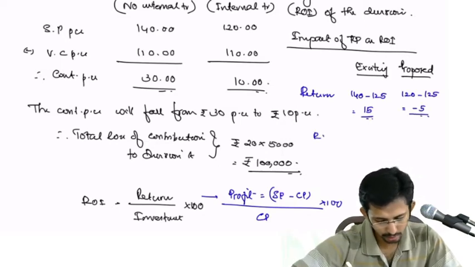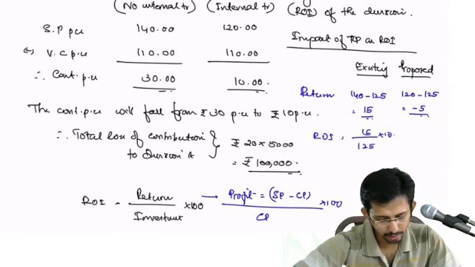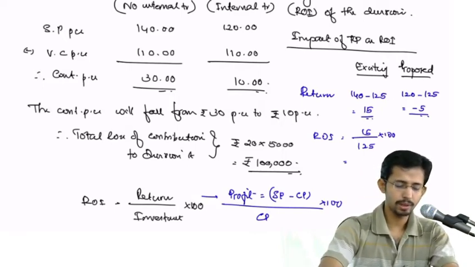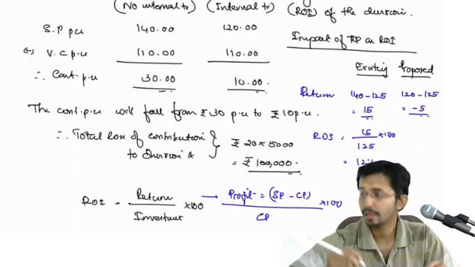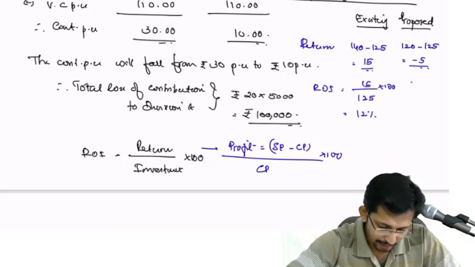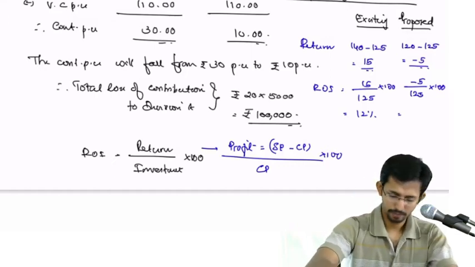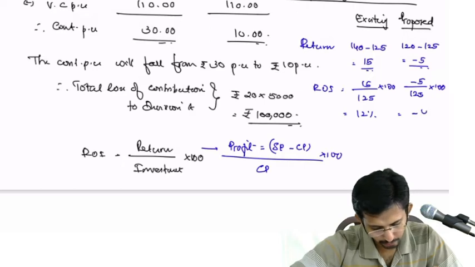So return on investment, ROI, existing is 15 divided by 125 into 100. How much will it be? It will be 12%. Whereas in the proposed case it is minus 5 divided by 125 into 100, and that will be minus 4%.